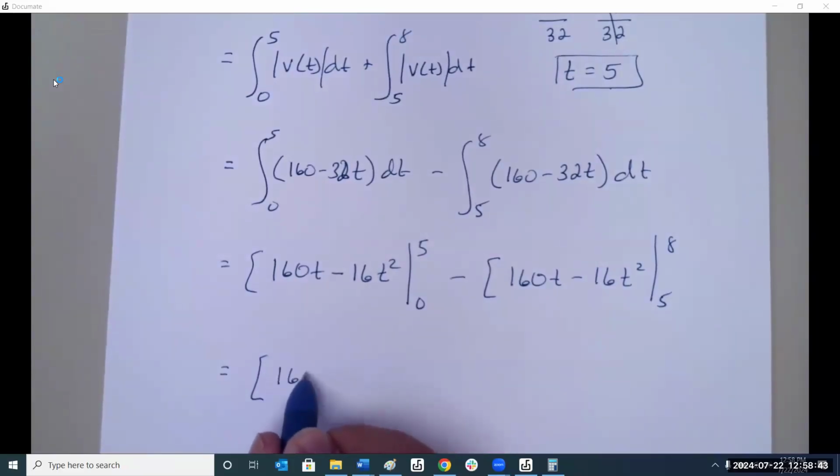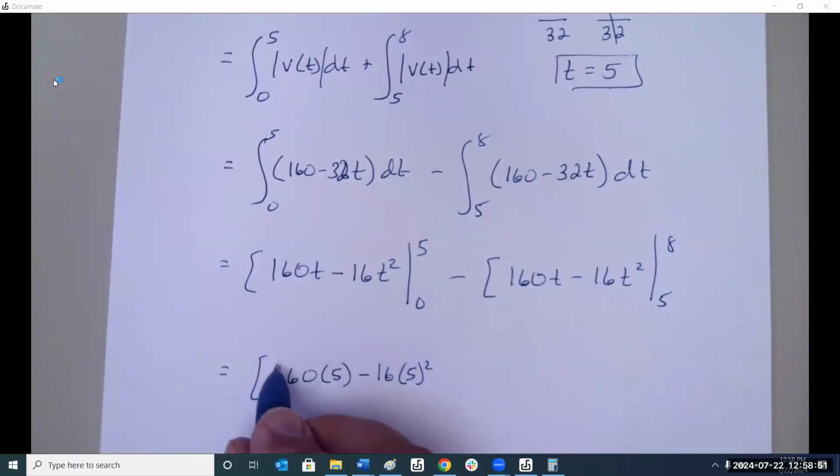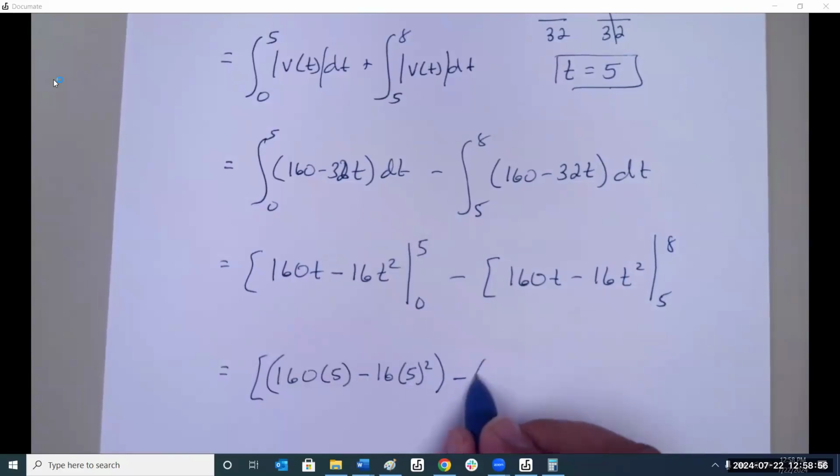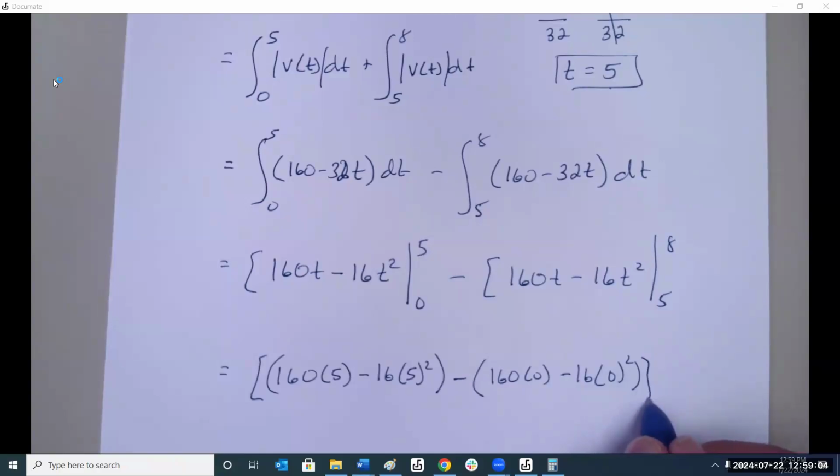So we have 160 times 5 minus 16 times 5 squared, minus 160 times 0 minus 16 times 0 squared. That's the first part.